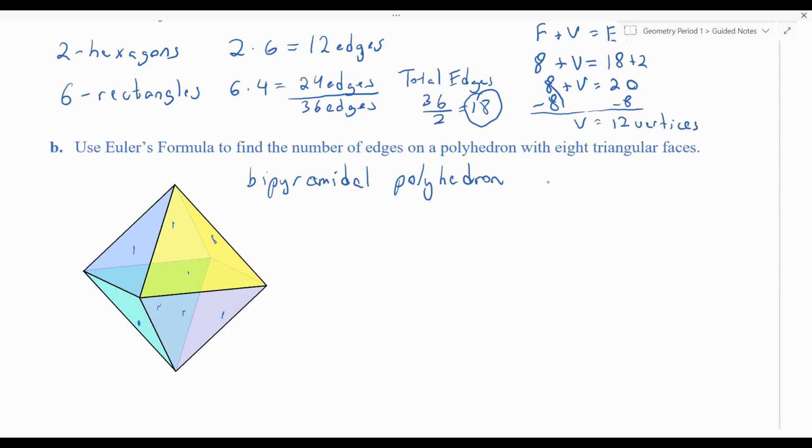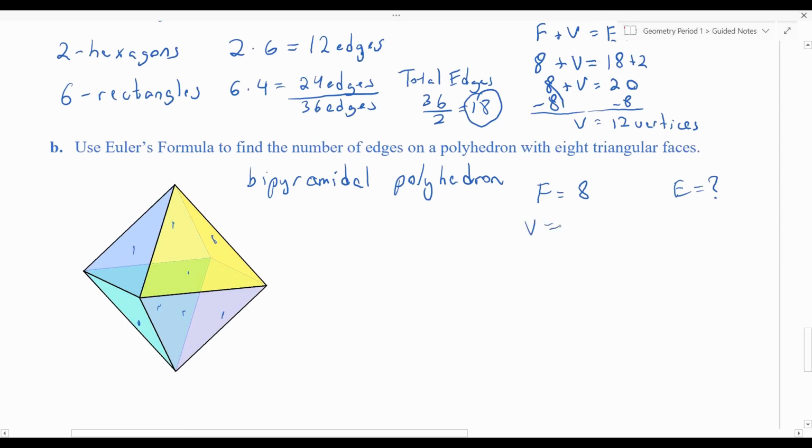So we know that the number of faces, or F, that was given to us is 8. We're trying to find the number of edges, so edges is what we need. Do we know the number of vertices?